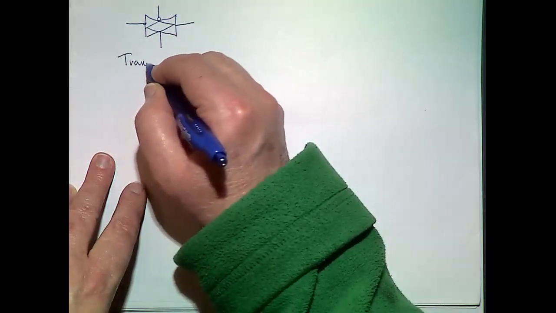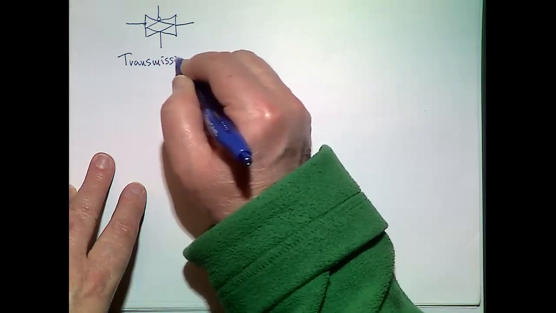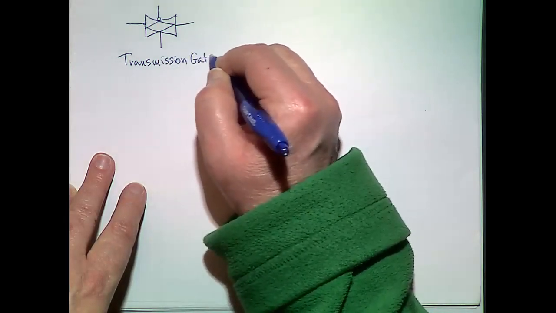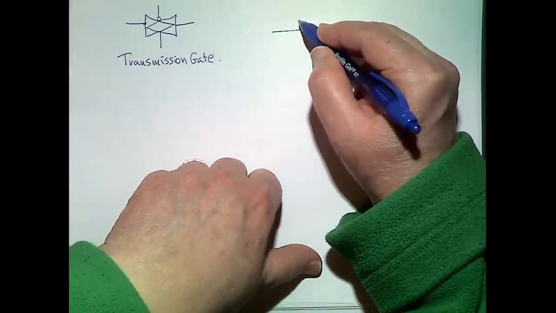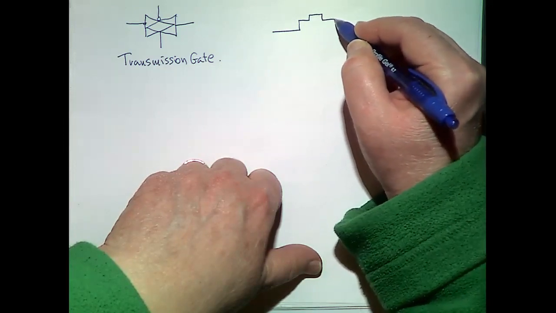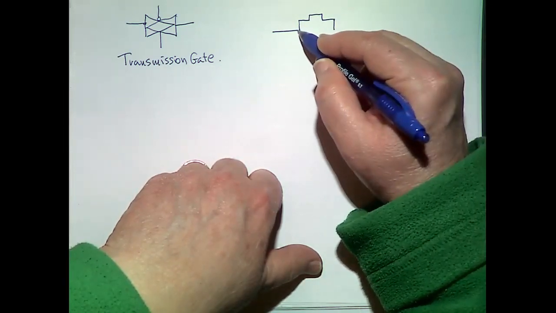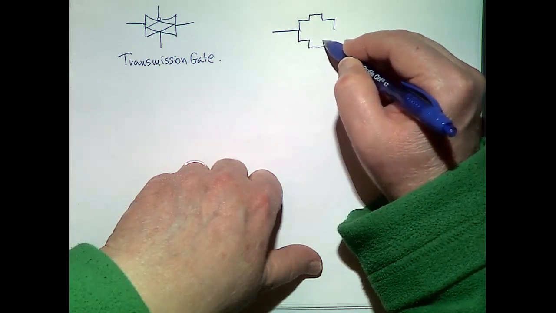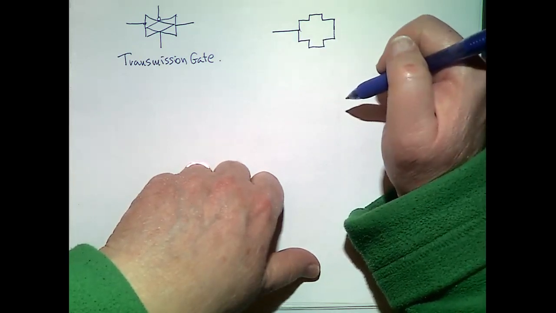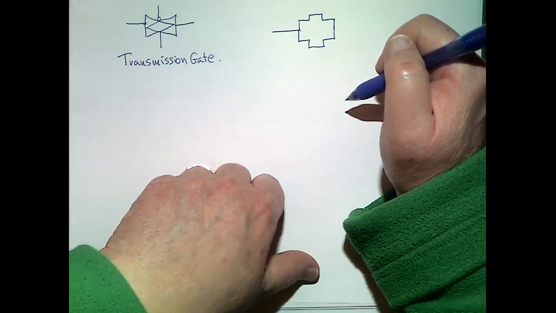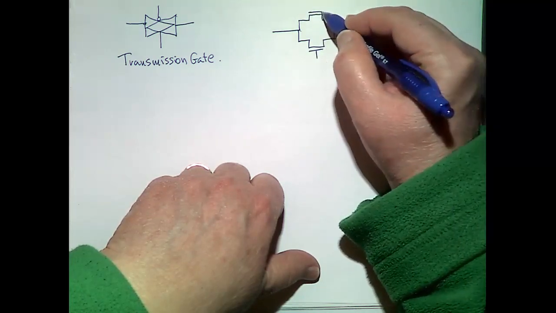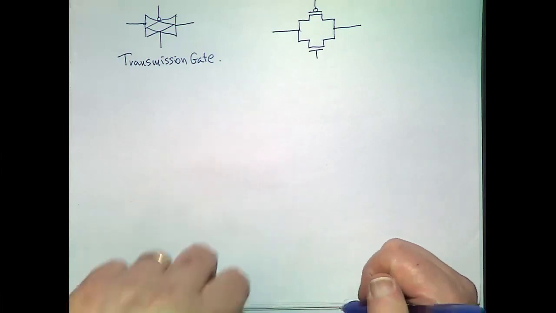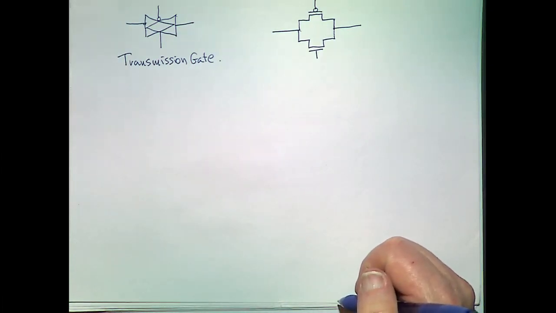This symbol represents a transmission gate. And a transmission gate is basically a PMOS transistor in parallel with an NMOS. Okay, so we haven't done that before, right? Before there was always a pull-up network and a pull-down network.